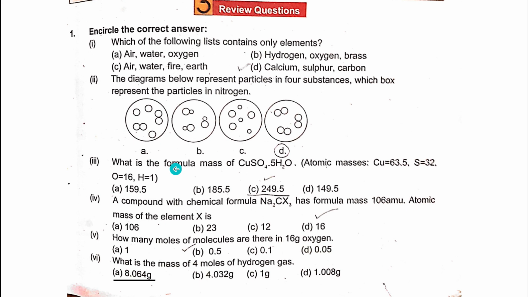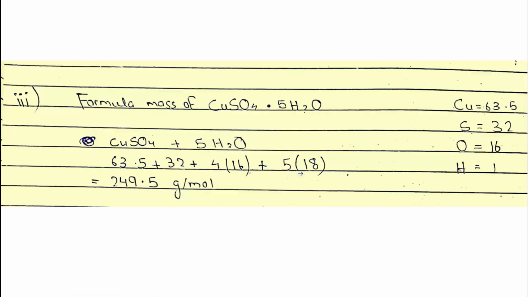What is the formula mass of CuSO4·5H2O? Cu is equal to 63.5, S sulfur is equal to 32, oxygen 16, and hydrogen 1.